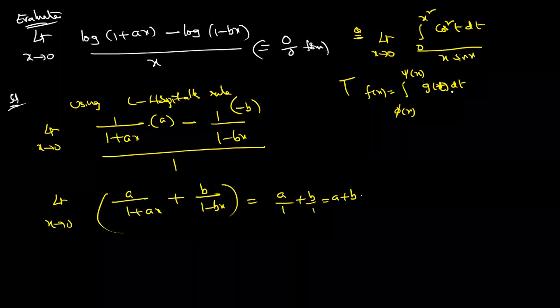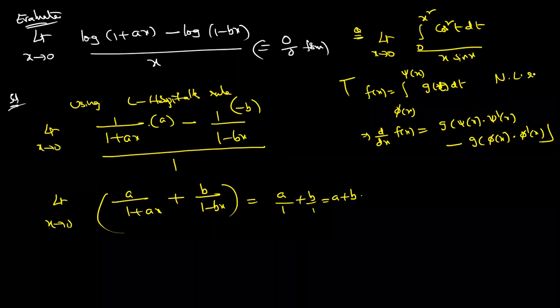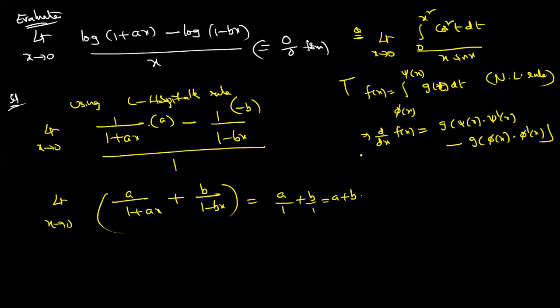For example, this implies d by dx of f of x is equal to g of psi of x into derivative of psi of x, upper limit, minus g of phi of x into derivative of phi of x. So this is called Newton's Leibniz rule.